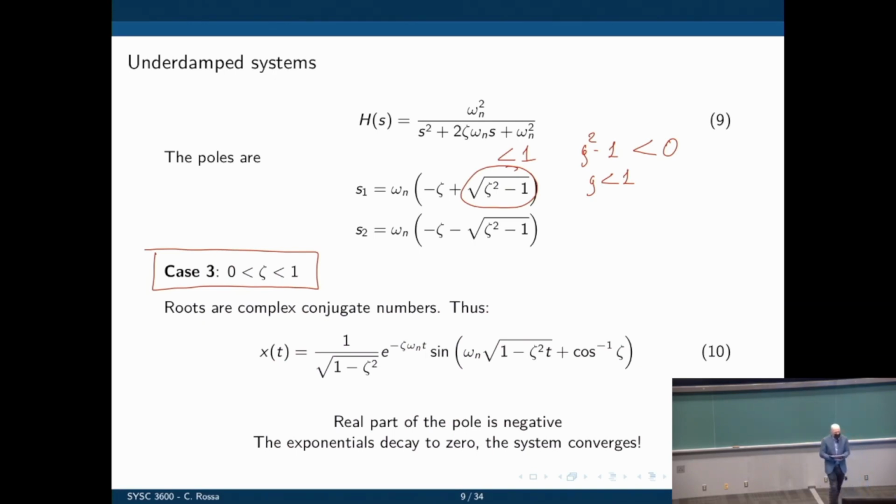And we end up here with a complex conjugate pole. Here is the real part of the pole, and here is the complex part of the pole. And the only difference between them is now of course, the conjugate of the solution here. So real part and imaginary part.